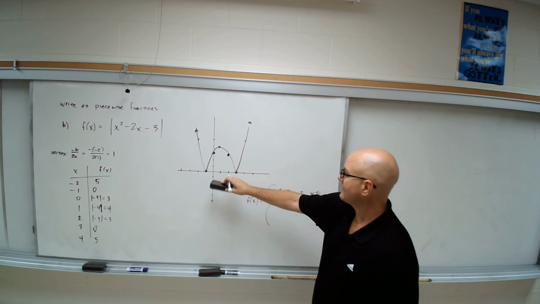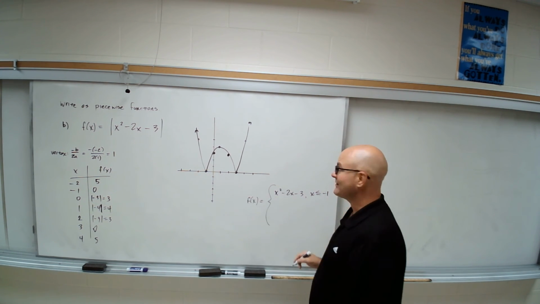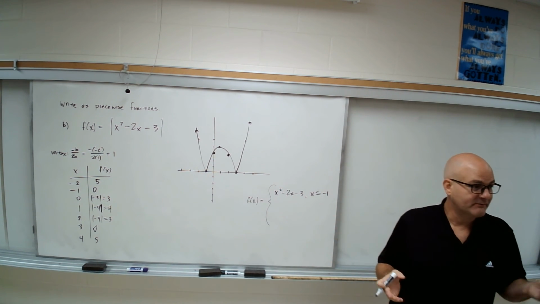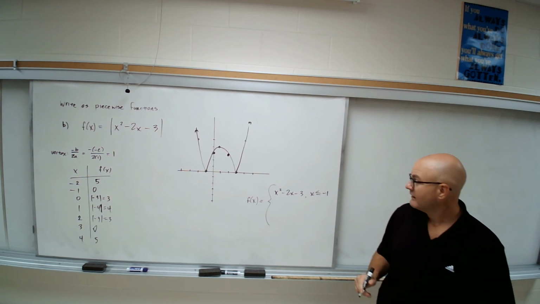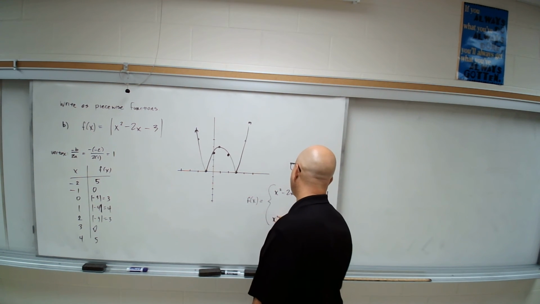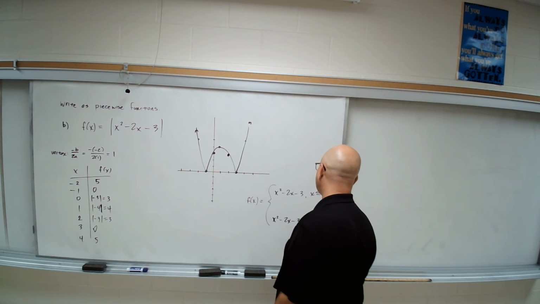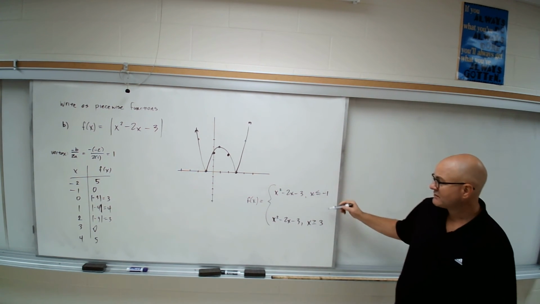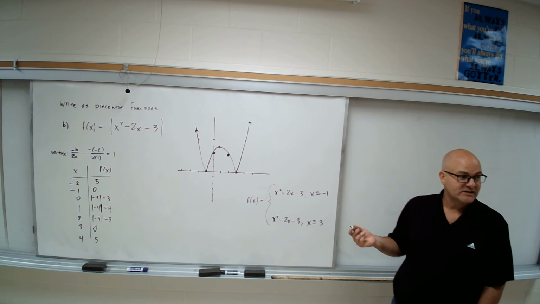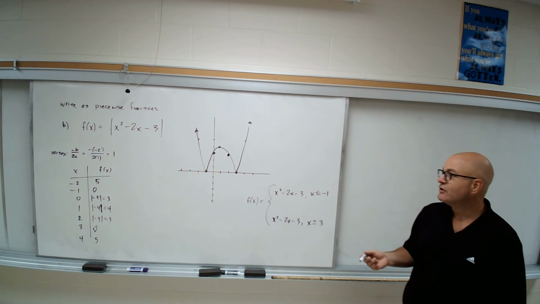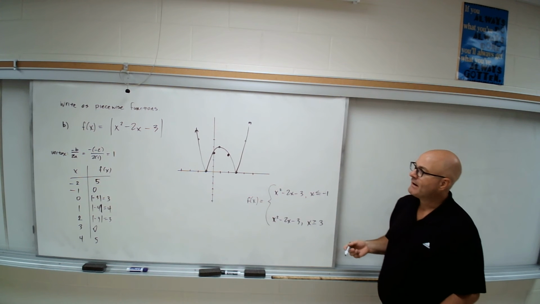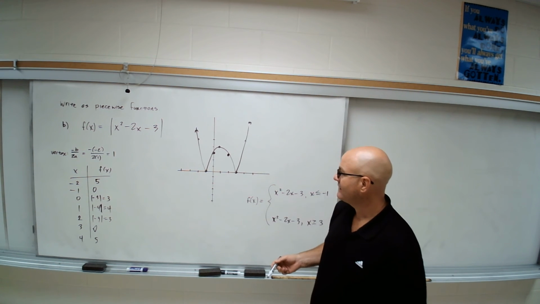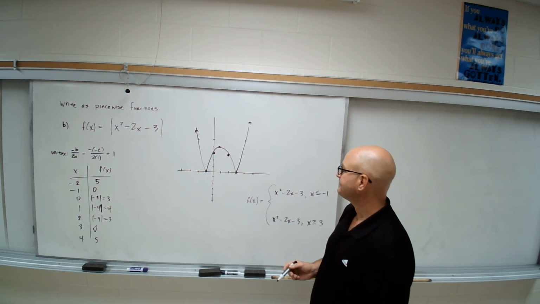Right, that'll take care of this left edge. And I just went ahead and included the equals there just to take care of the point. Doesn't really matter. And then here we have x squared minus 2x minus 3 if x is greater than or equal to 3. So again, that's just the parabola that we started with, right? So this new parabola, what do we know about it? Well, it has a vertex at 1, 4.